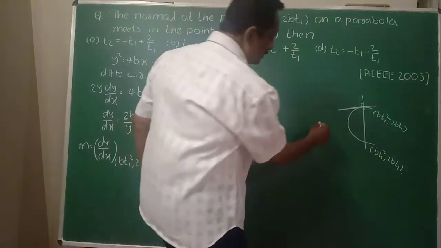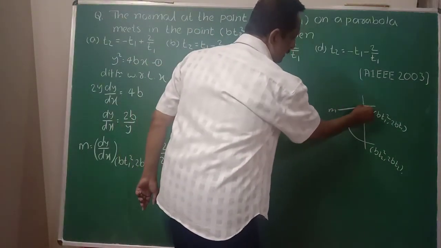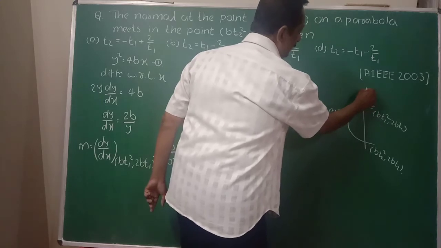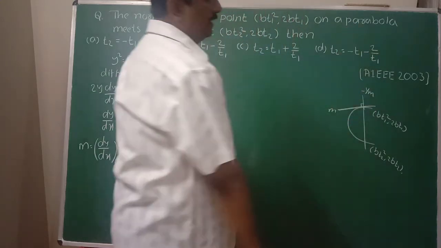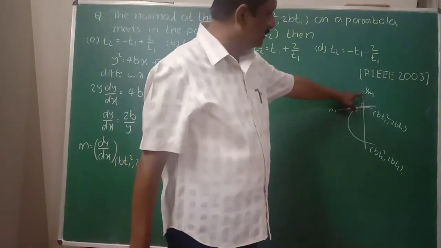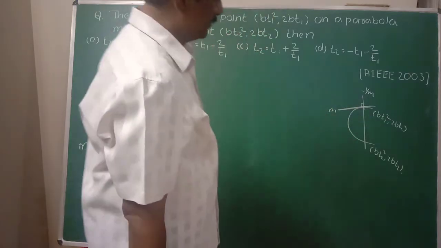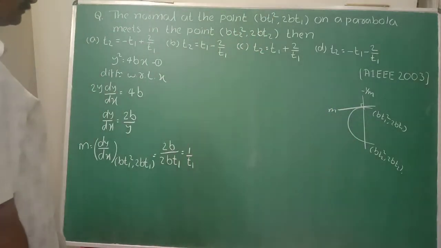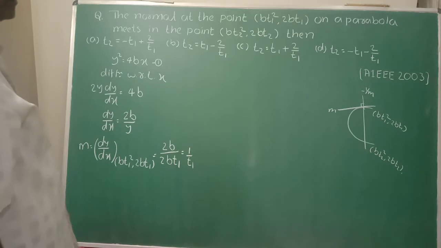Here m is the slope of this tangent, and then the slope of the normal must be minus 1 upon m. Now find the equation of the normal at that point.